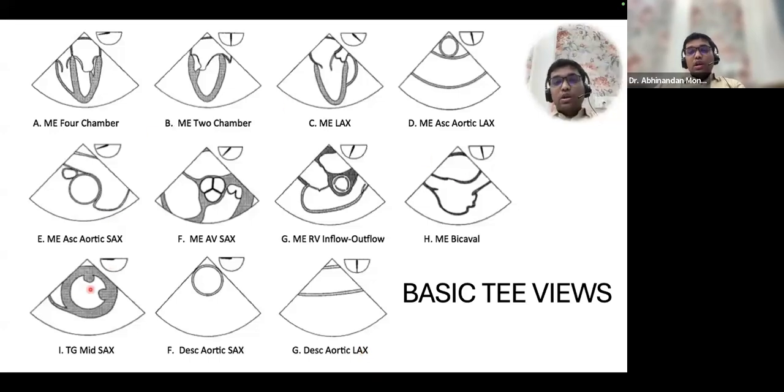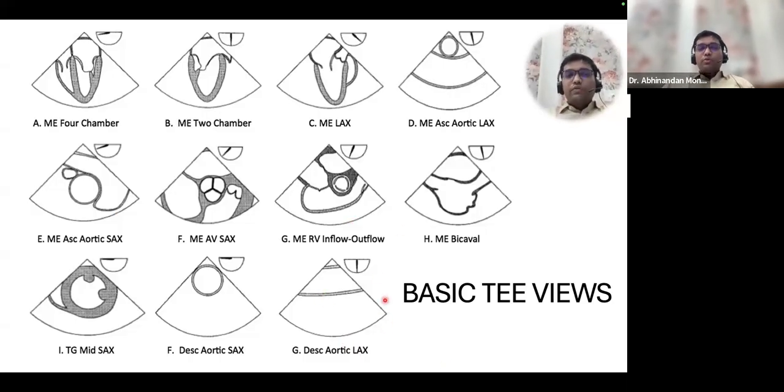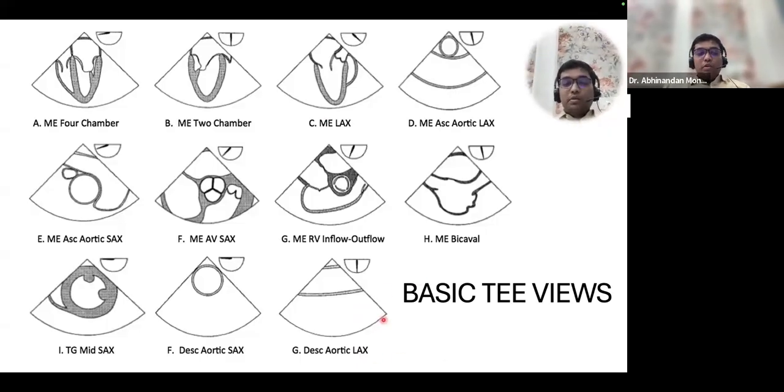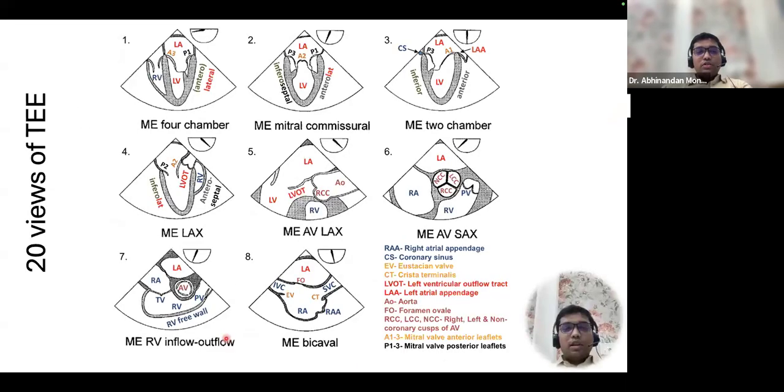Even if you do just these 11 views today, they are more than sufficient to give any decision in your perioperative period. But be very much informed that these views are not adequate for your comprehensive TEE examination.